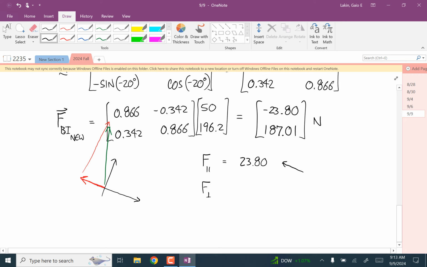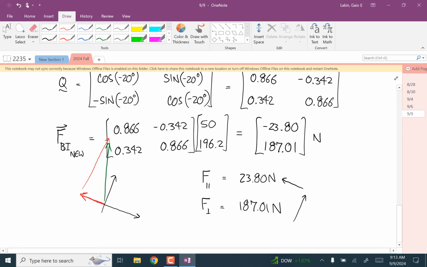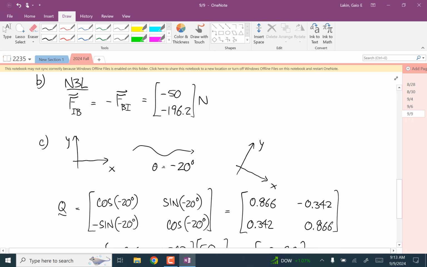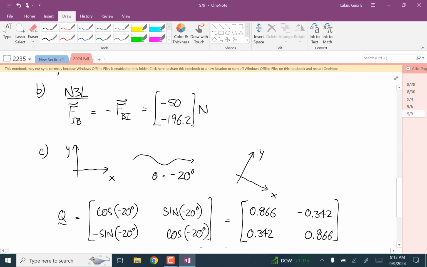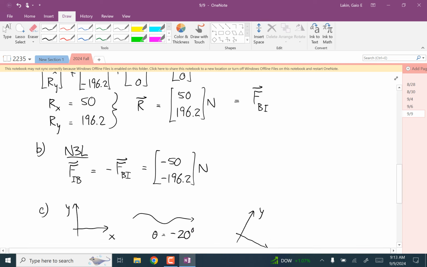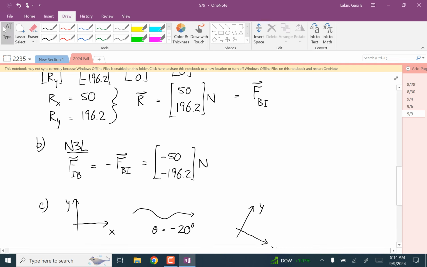And the one perpendicular to the surface is 187.01. These are in newtons going this way. I guess that would be the best way to answer it. But if you re-expressed it in the old coordinate system, it would have made all this pointless, because your answer would be 5196.2. Do you know what I mean? Yeah. So we just put it in a new coordinate system, and to put it back in the old coordinate system would bring us back to where we had been.